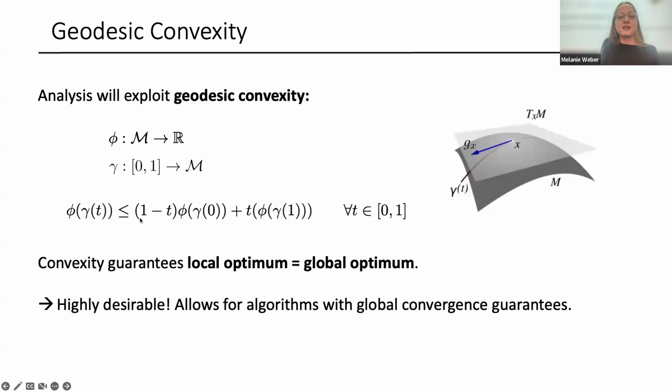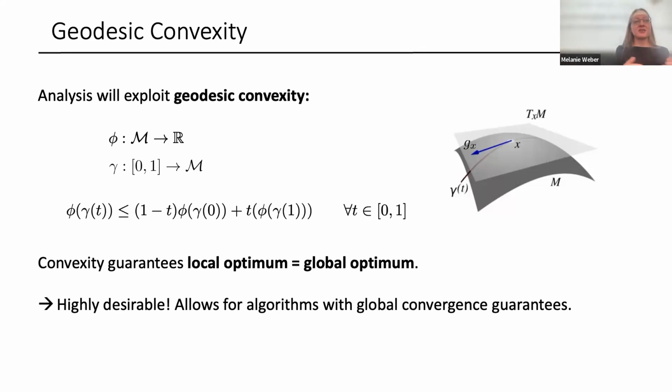If we're in the Riemannian setting, so our objective function is defined on a Riemannian manifold, then a geodesic is the shortest path between two points along the manifold. Now if we want to check convexity, we have to check convexity along the geodesic, and that's exactly what's written here. If we were to specialize to the Euclidean case, then that geodesic would just become the straight line, and this condition would just turn into the classical convexity condition.